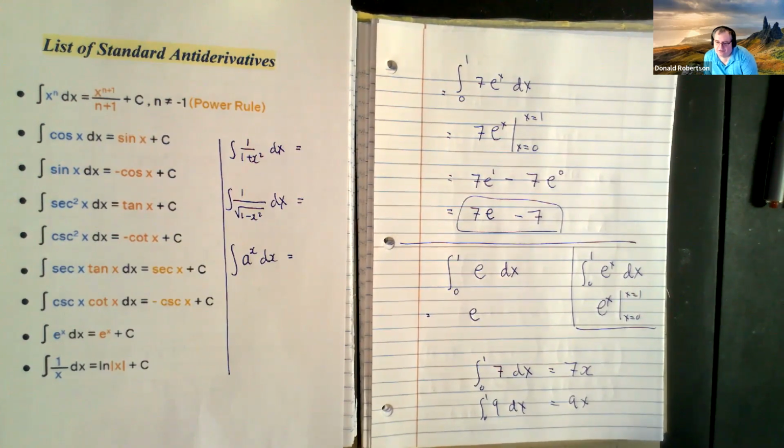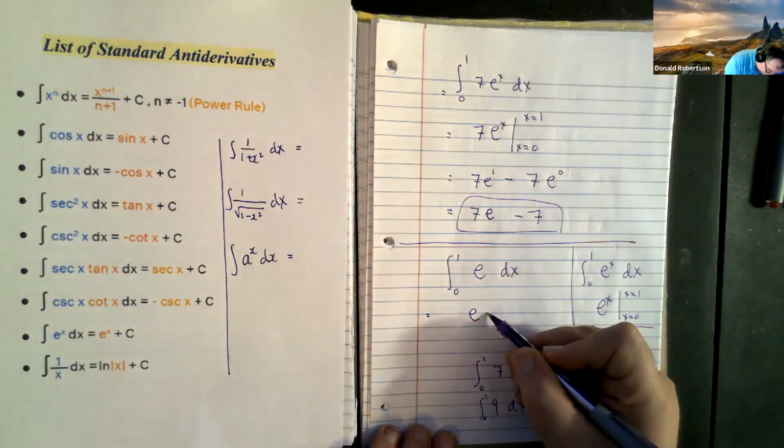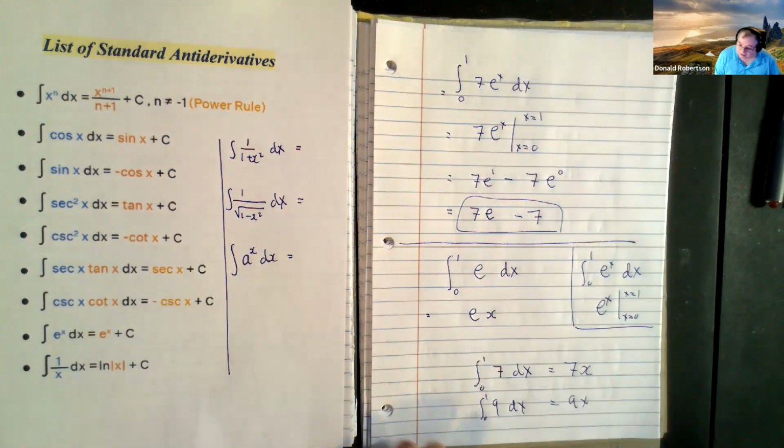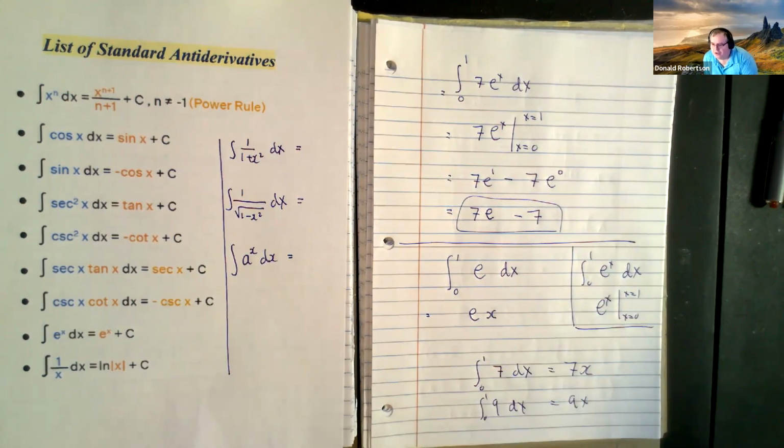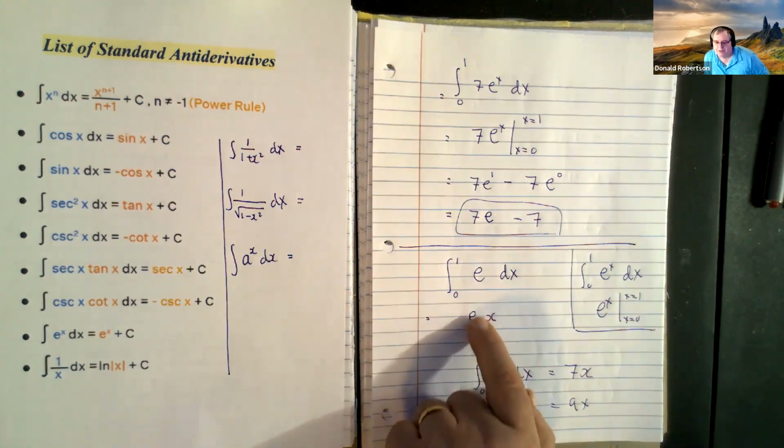Last chance. Not e to the power of x, just e. I know e sounds like it's important, but isn't e just a number like 2.7128? Like 7 is a number, like 9 is a number. It's no different than these two. It is just a single number being integrated.